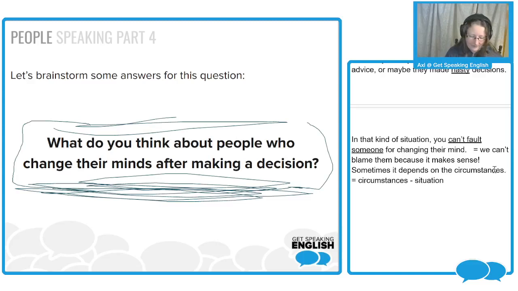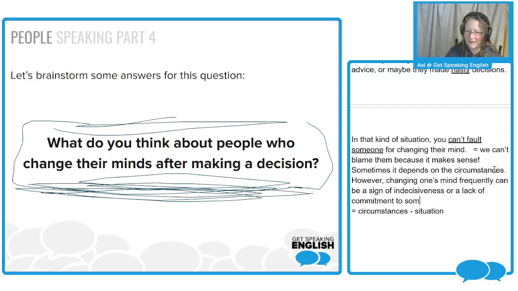However, changing one's mind frequently can be a sign of indecisiveness or a lack of commitment to something. So here are two things to think about. If we're indecisive, that means we have a really hard time choosing what we want to do.